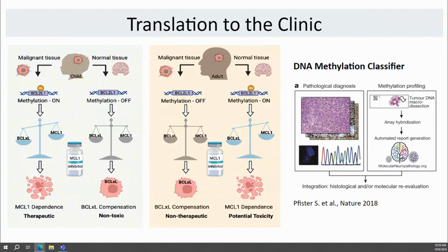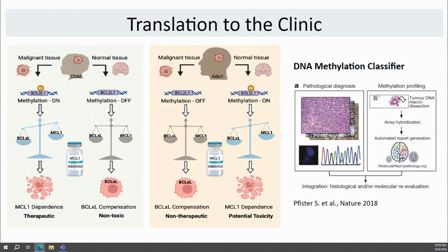To put it all together and consider potential translation into the clinic, I'll preface by saying that current MCL1 inhibitors have generally not done very well in the adult space due to cardiotoxicity, but that doesn't mean that they might not perform well in the pediatric space, or there might be new inhibitors coming about.